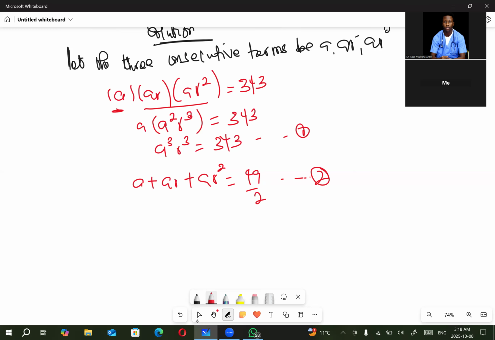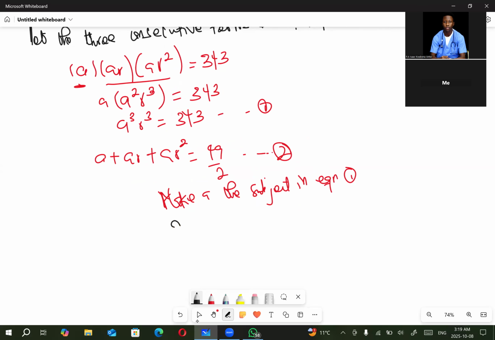All right. Now we are looking at how to solve it. Should we make change of subject? Make A the subject in equation 1.